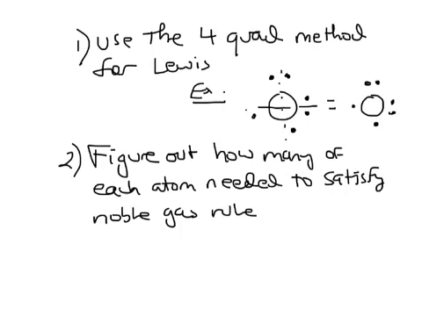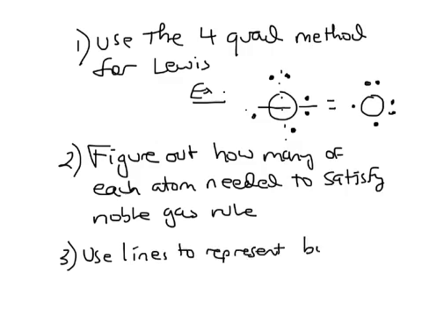Okay, so in the previous example, it took 2 fluorines and 1 oxygen for everyone to be satisfied. Okay, 3, use lines to represent bonds. 1 line equals 2 electrons.